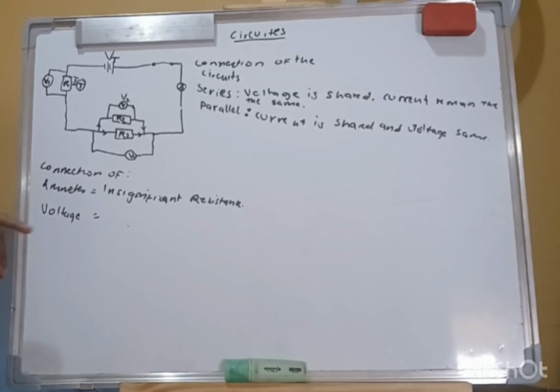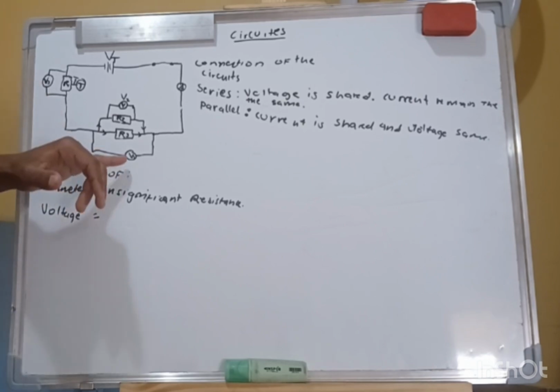Okay, and then another thing, sometimes they say even a conductor. If you put in a wire, it has resistance, but it is insignificant. All right, what about the voltmeter? The voltmeter is always connected in parallel. You can see, guys, it's always parallel.